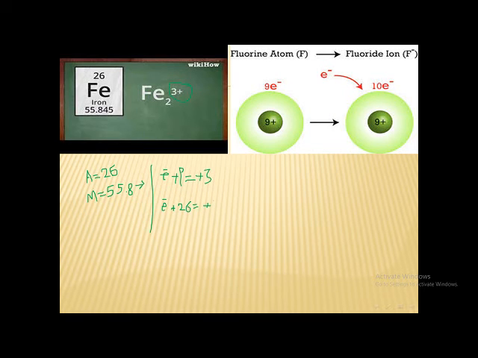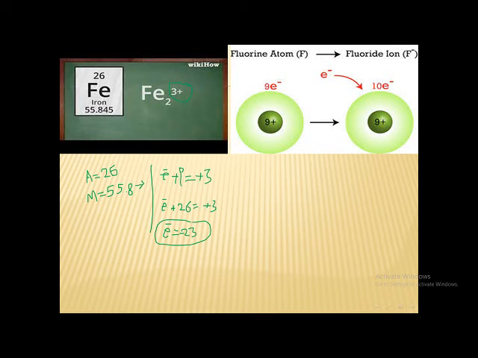So what is the number of electrons we have? The number of electrons we have is 26 minus 3, which is 23. So we removed 3 electrons from the atom.